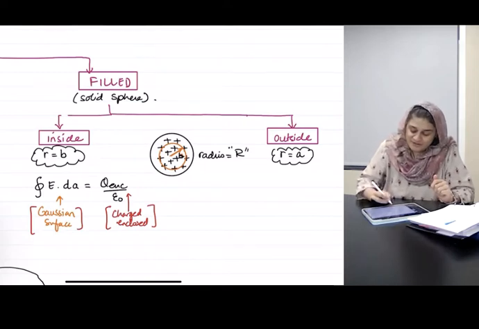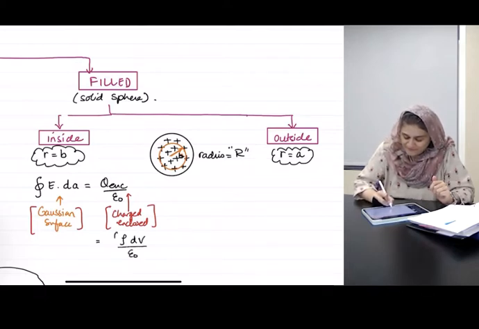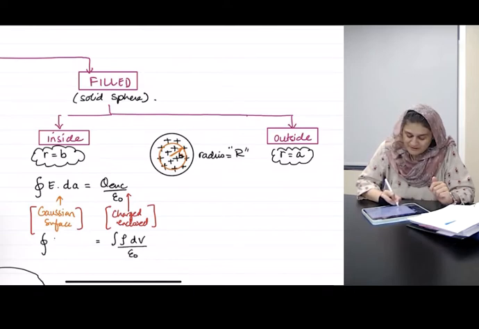So then this Q enclosed will actually be rho dV. And this would be E dA.